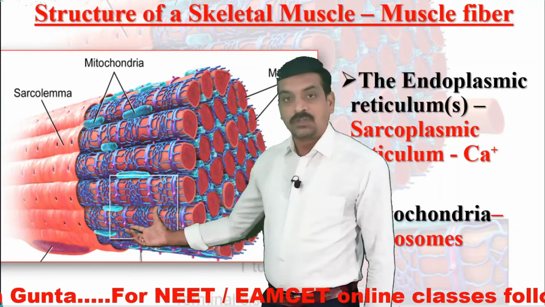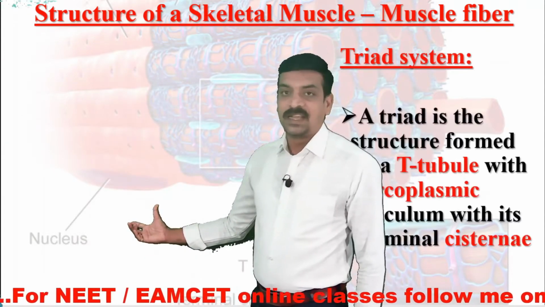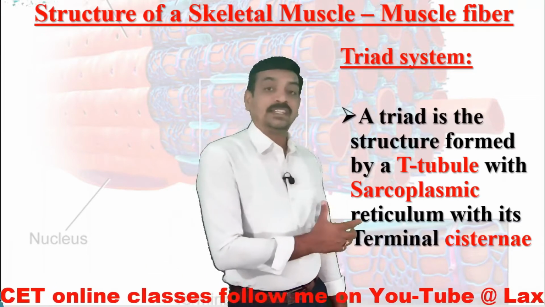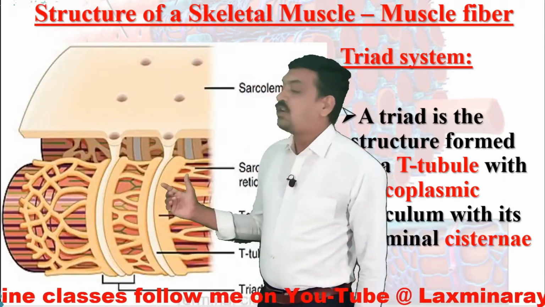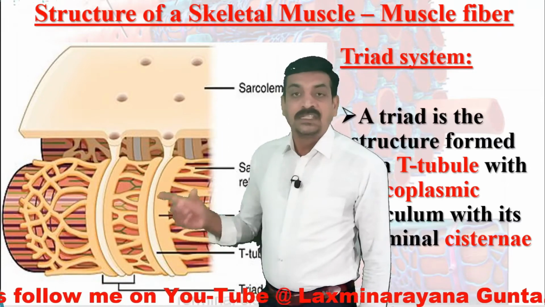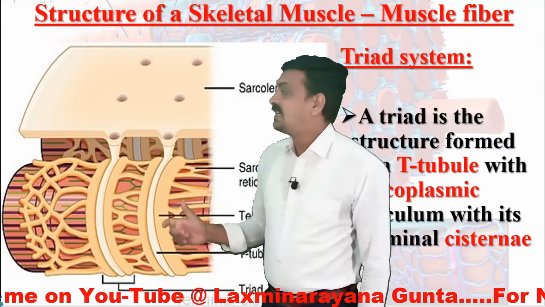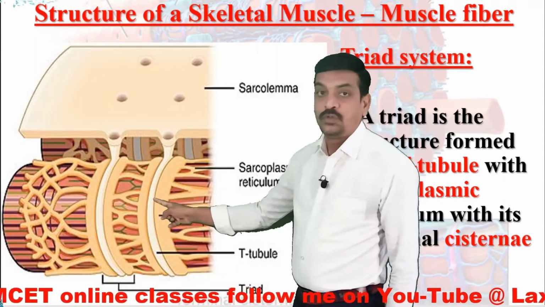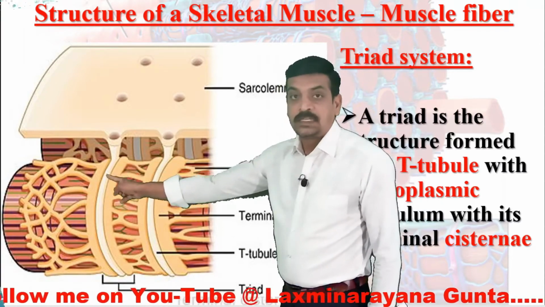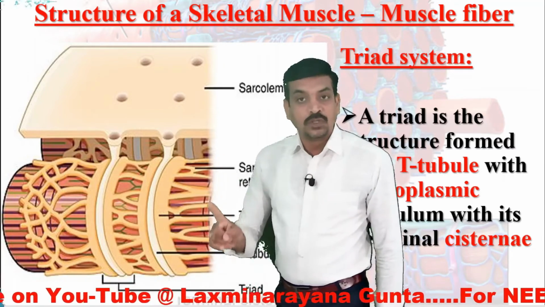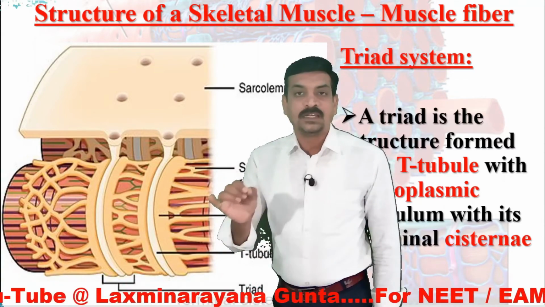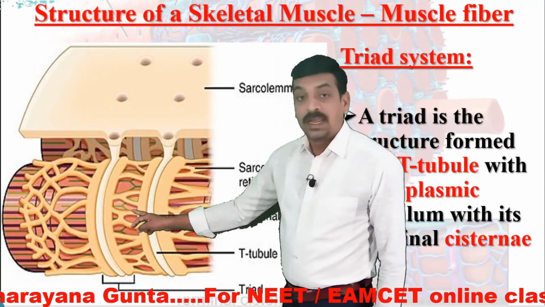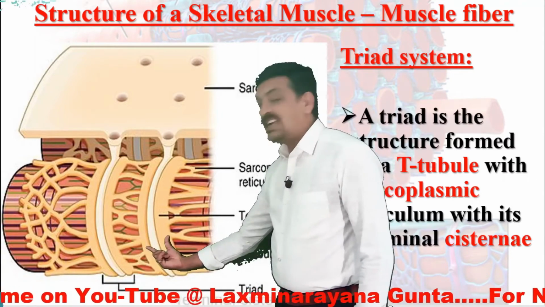Coming to the triad system. What is a triad? A triad is the structure formed by the T tubules with sarcoplasmic reticulum and the cisternae. Together they are called a triad system. Here you can observe this one is a T tubule and this one is another T tubule. The T tubule with the sarcoplasmic reticulum, and these two are called cisternae.